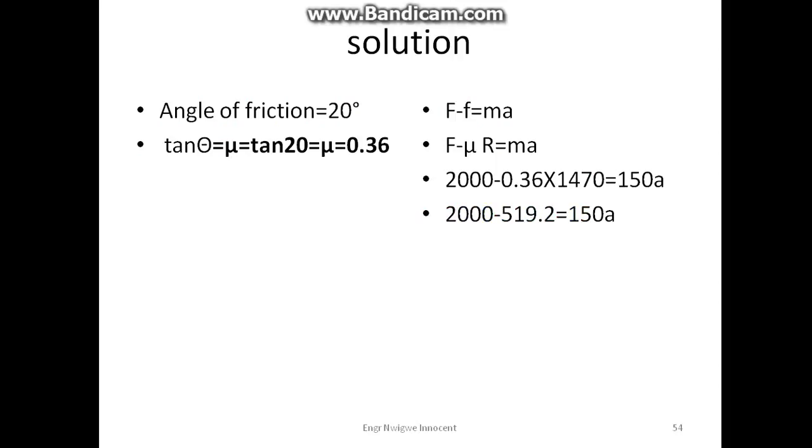If we are substituting the values, we are putting in the values: the frictional force is 2000 Newton, minus mu, which is 0.36, times the normal reaction, that is the force that is keeping the body on the horizontal plane, which is 1470 Newton, which is now equal to mass, which is 150, times acceleration, which we are looking for.